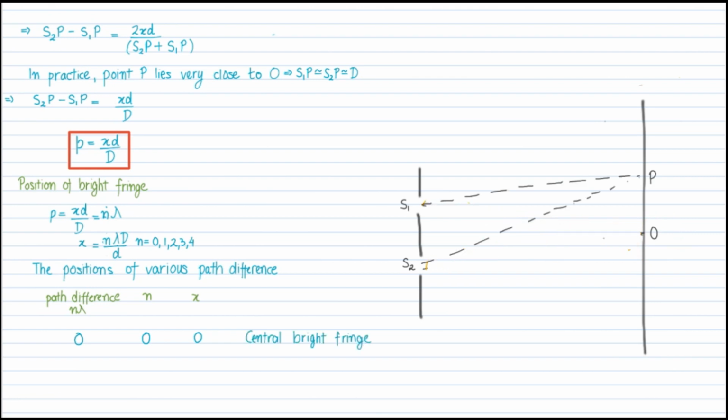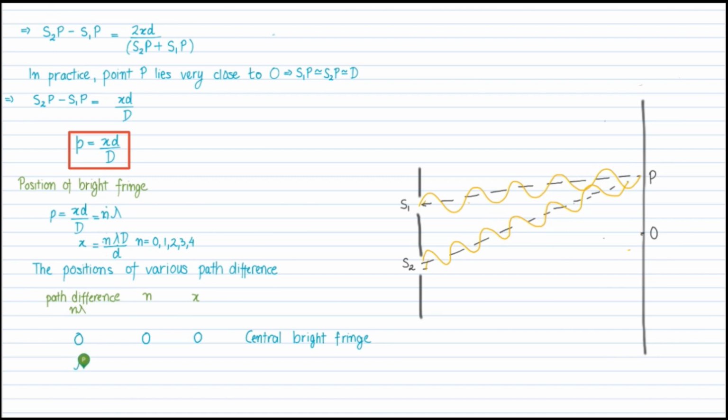Now let's consider this point P. You have 1 wavelength, 2, 3, 4, 5 wavelength. Next, 1, 2, 3, 4, 5, 6. So in this case, how much is the path difference? The path difference is lambda.